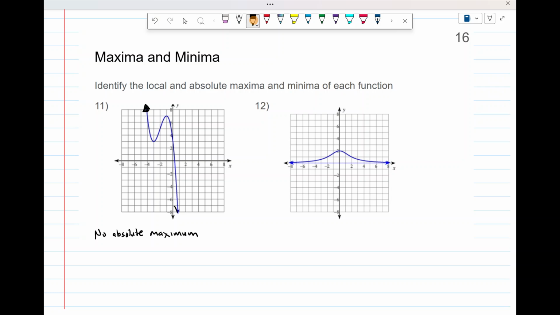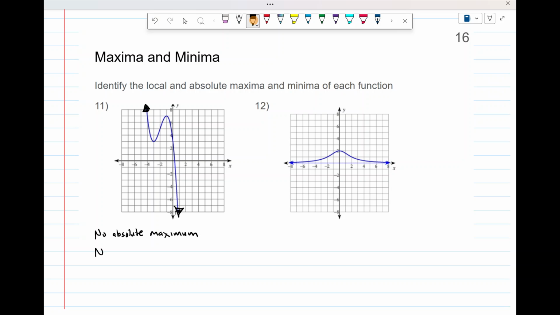Similarly, since we have this arrow pointing downwards, as x gets larger and larger, y is going to keep going further and further. It's going to get smaller and smaller, which means that there is no point that's lower than every other point.